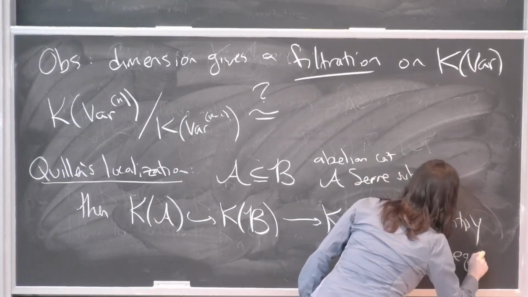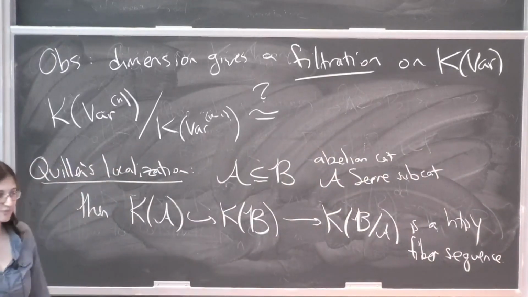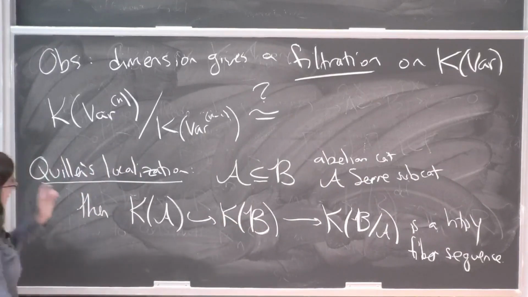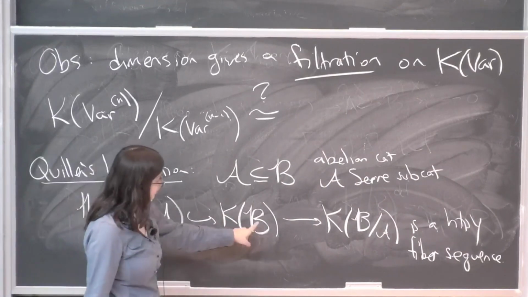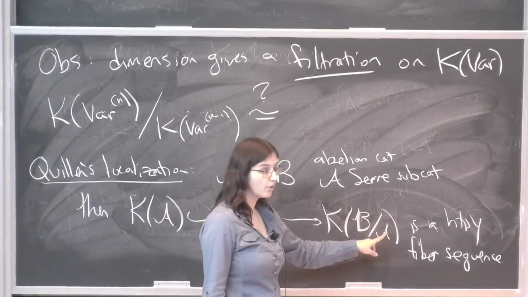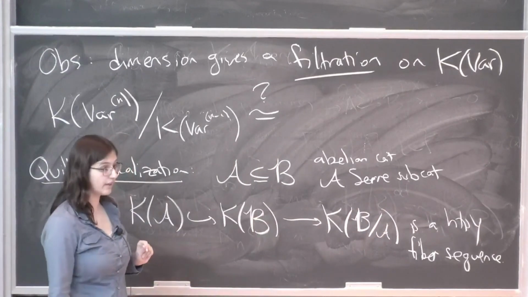I mean, Quillen didn't use the term homotopy fiber sequence, but this is what he meant. What this means is that if you have a subcategory and you can analyze the homotopy type of the K-theory of the quotient, you can get a long exact sequence like this.